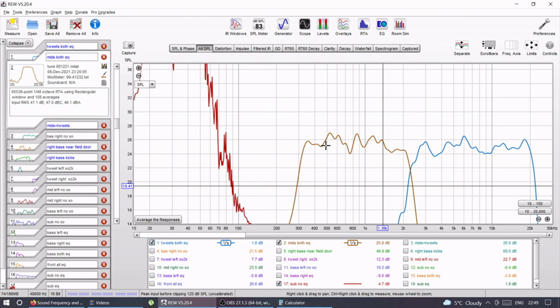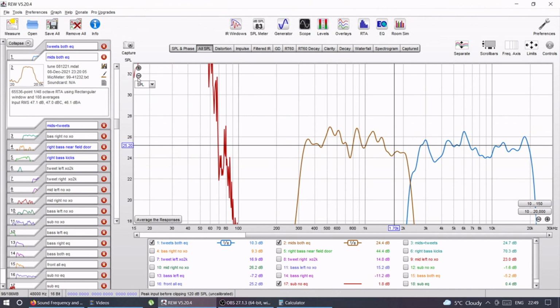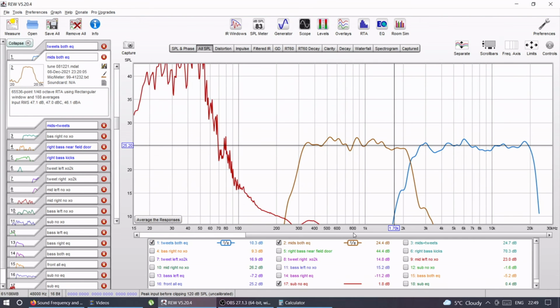That's why you want to have the frequency response as flat as you can, crossover points as matching as possible. When you match them, they're going to be in phase, what we call, and they're going to sum flat and nice. When you match the frequency response of left and right drivers, they will be in phase as well, and they're going to match, and the sum is going to be flat.